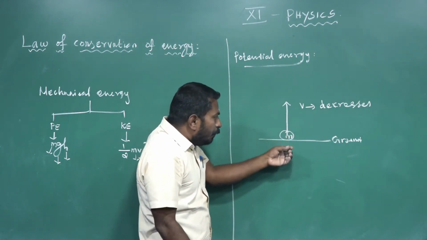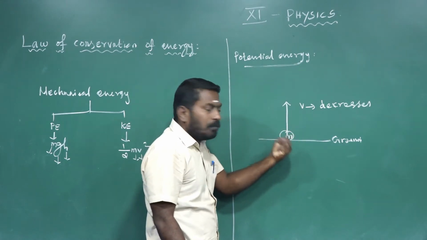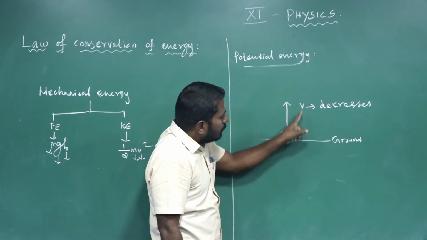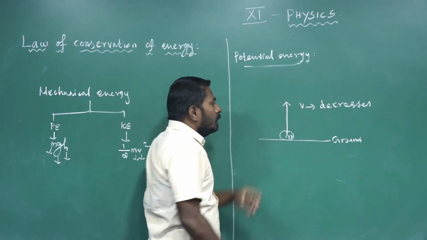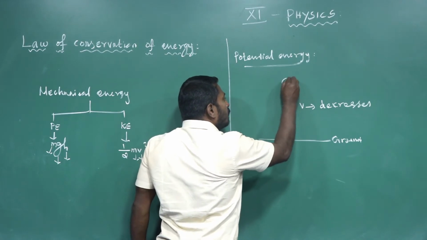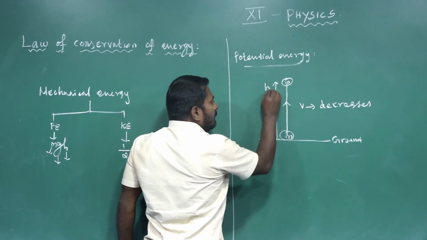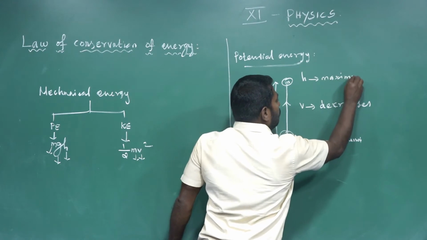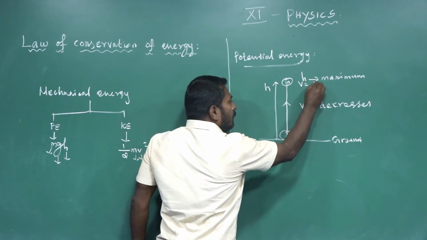At the time the body is thrown vertically upward, that body possesses maximum kinetic energy. During its upward motion, the velocity decreases at a constant rate. When the body reaches the maximum height h, the velocity of the body is 0.